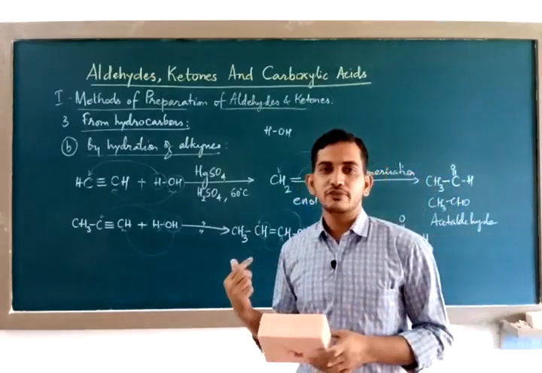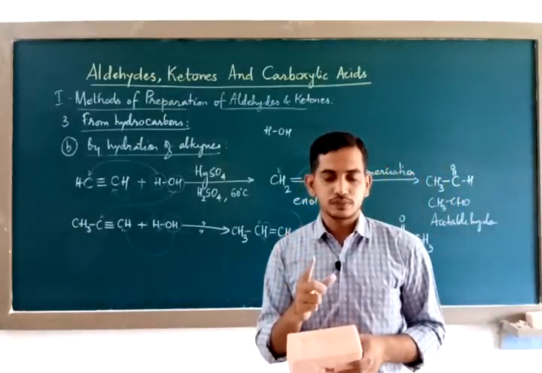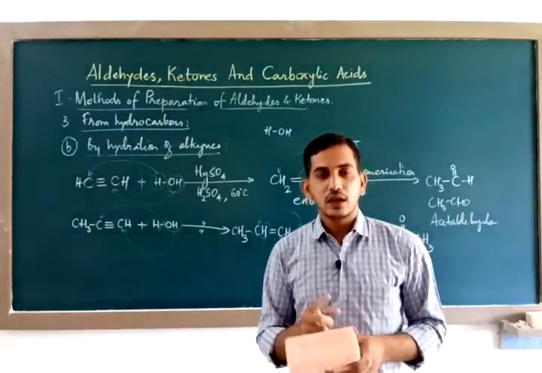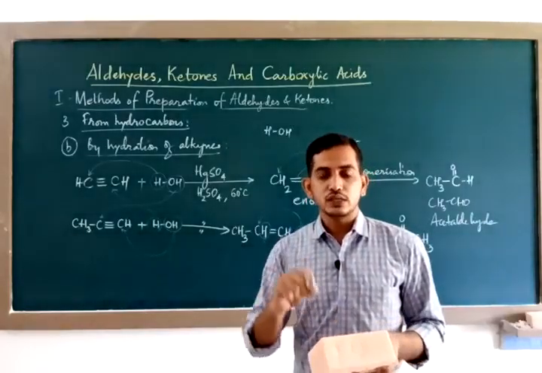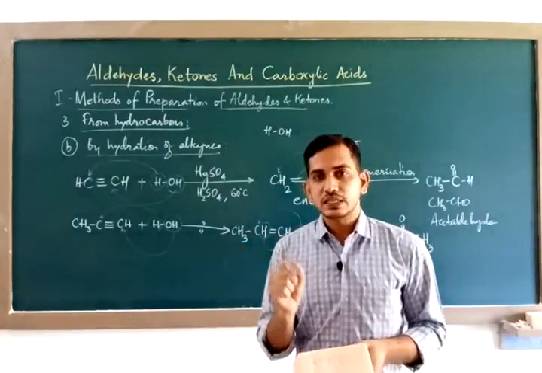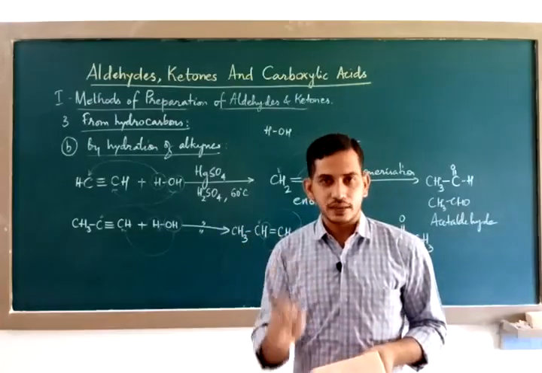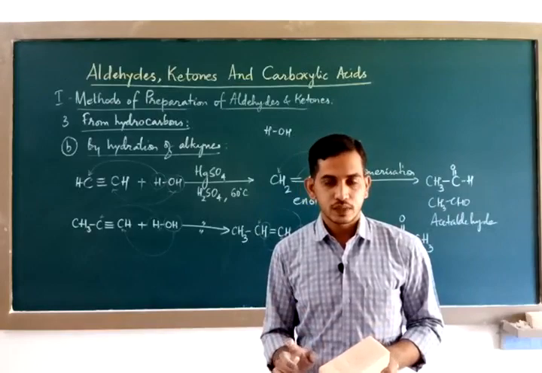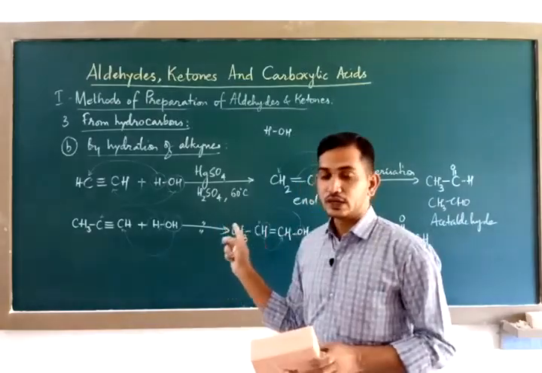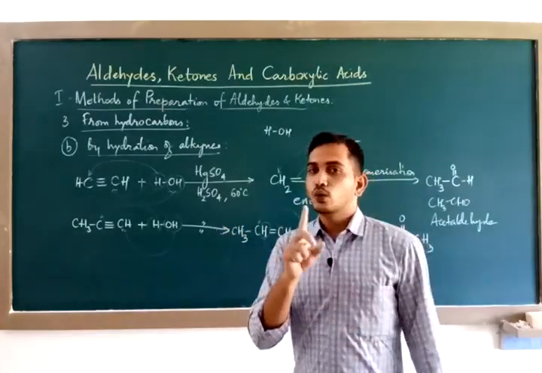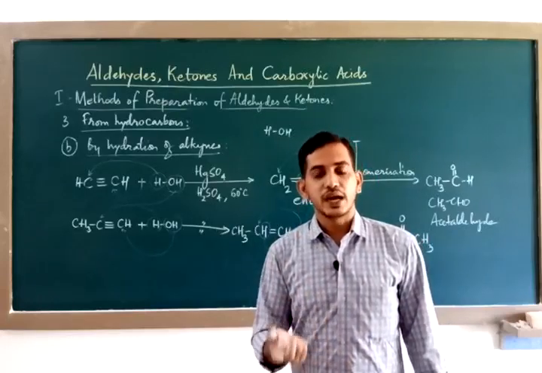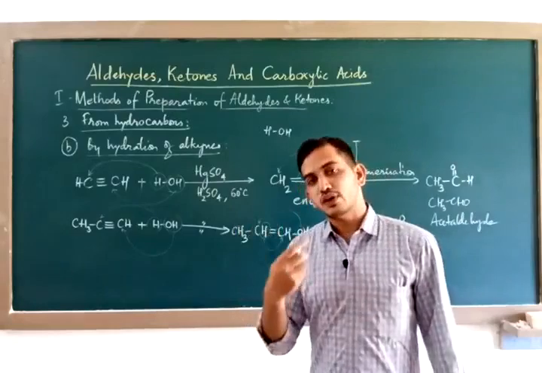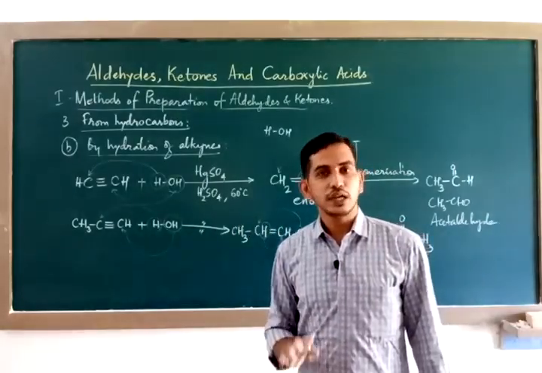Then the third method we have is from hydrocarbons. Under that, first was by ozonolysis of alkenes. Any alkene upon ozonolysis followed by hydrolysis with zinc and water will give you either aldehyde or ketone or a mixture of both. The last method is by hydration of alkynes, under which only ethyne upon hydration will give you aldehyde, rest of all the alkynes will give you ketones.